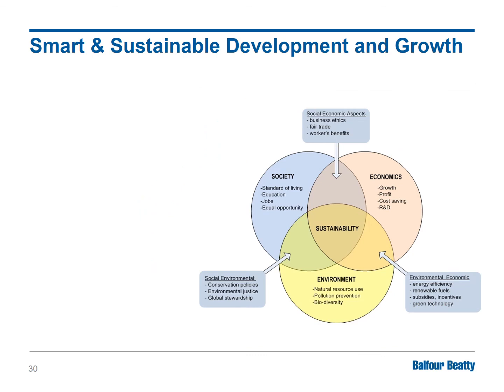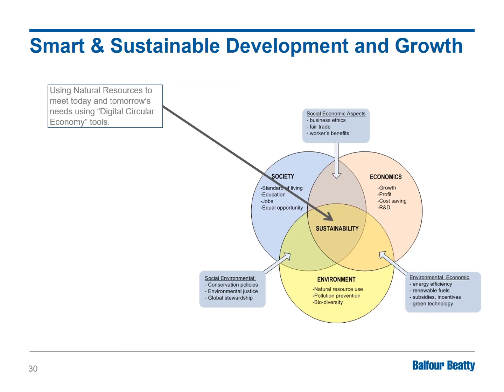As I understand, we can only create value by focusing on sustainability. We have to use the natural resources in such a way that we meet our needs for today and tomorrow. The tool which we have, the new economic system, is the circular economy. Using the circular economy, we are dealing with human needs within planetary means.